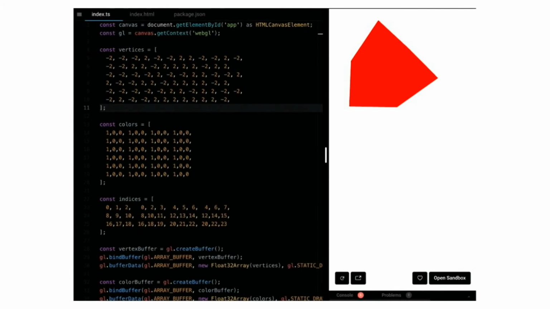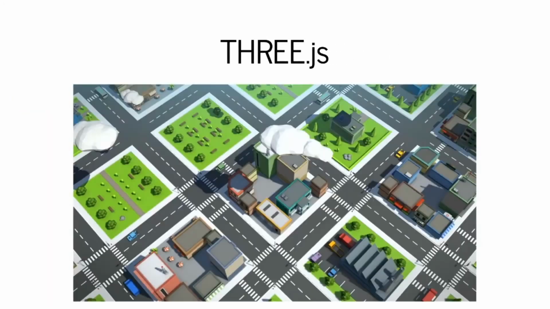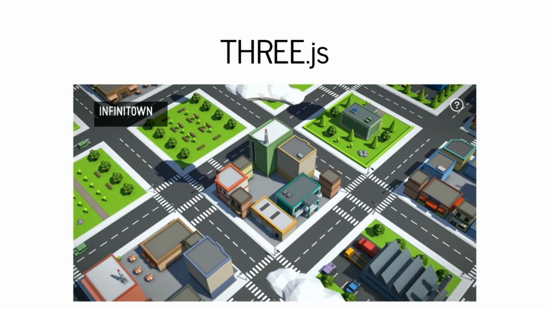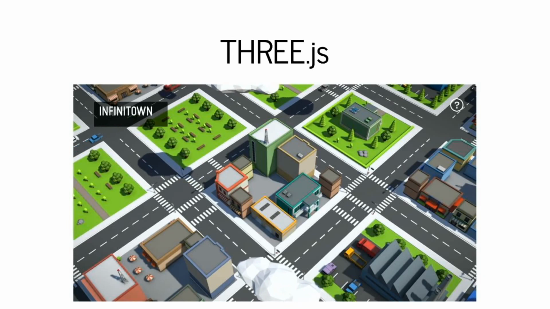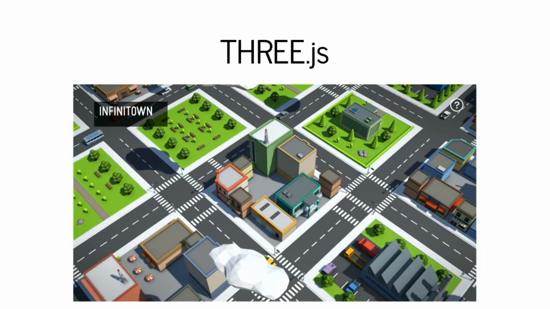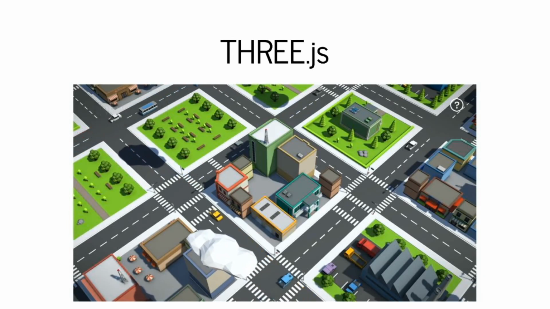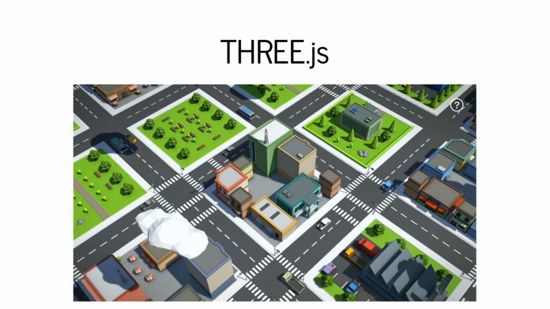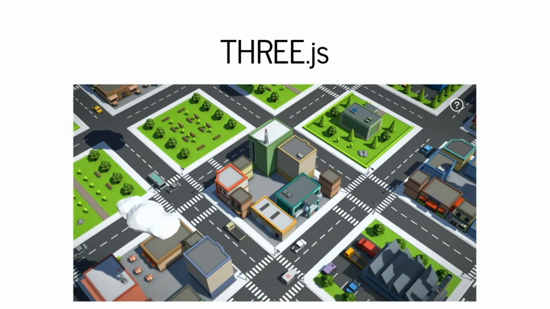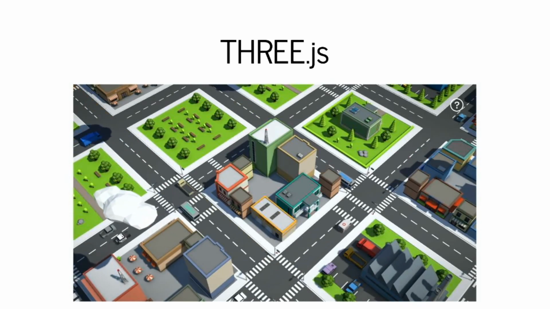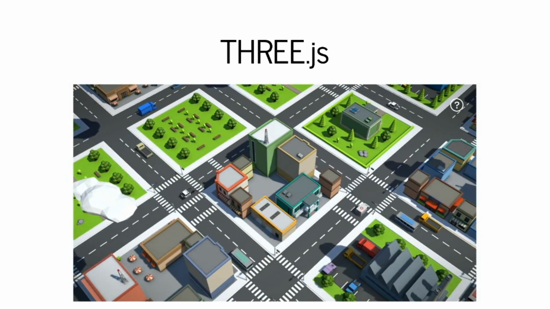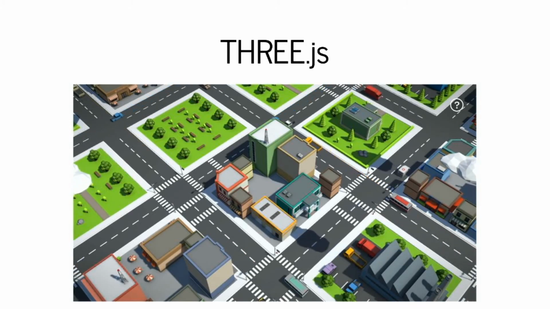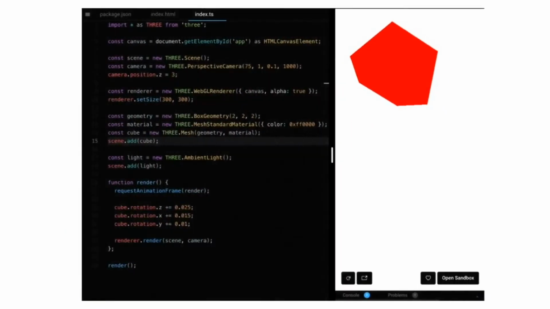But the good thing is the problem has already been solved by the JS community. There is a library called THREE.js that helps us build 3D objects or 3D scenes with 3D objects. You can create boxes and shapes, spheres, and it also helps us with lighting and effects and shadows and so on.